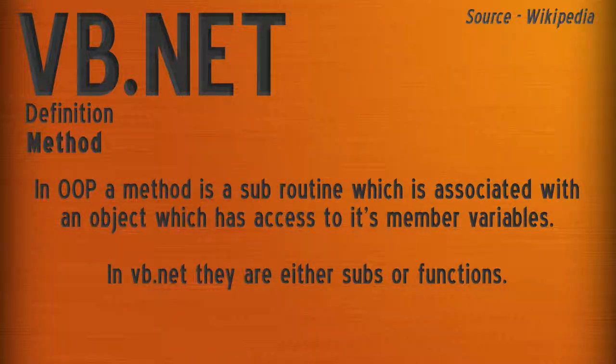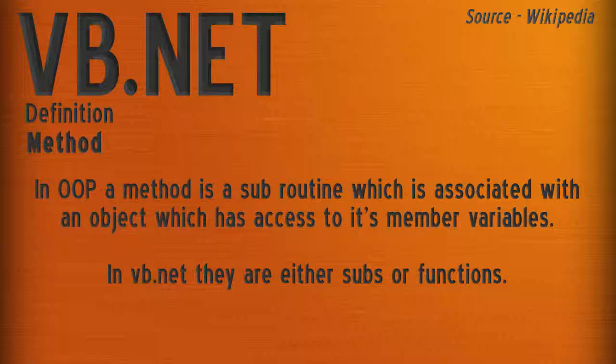And my final definition is method, and this is taken from Wikipedia. In object-oriented programming, which I'll talk more about in future episodes, a method is a subroutine which is associated with an object which has access to its member variables. In VB.NET, they're either subs or functions.